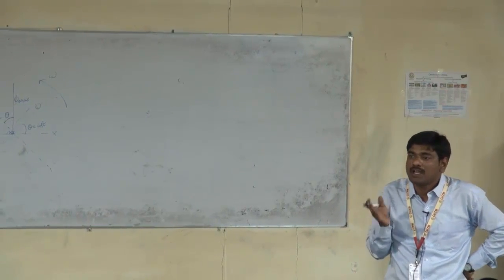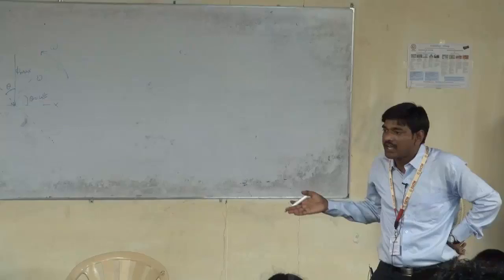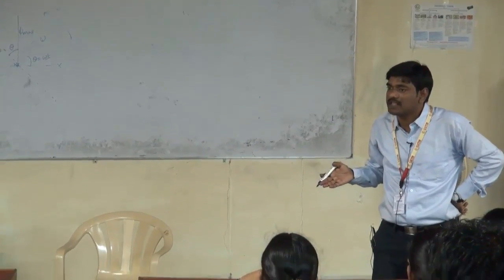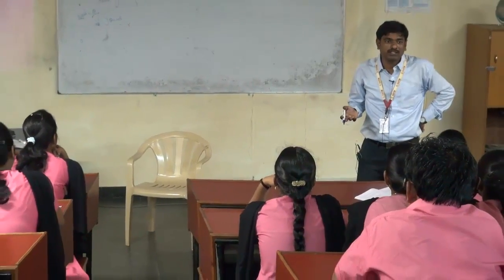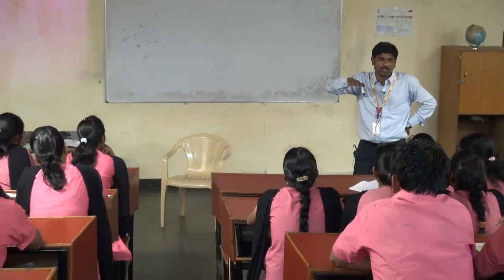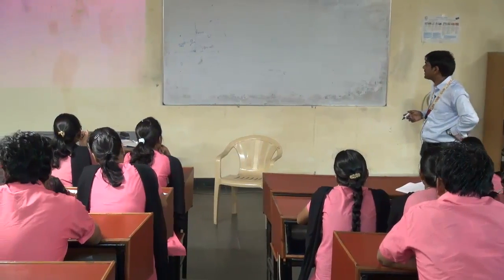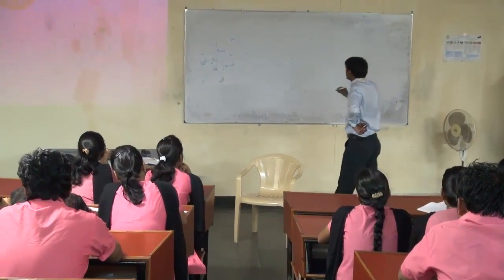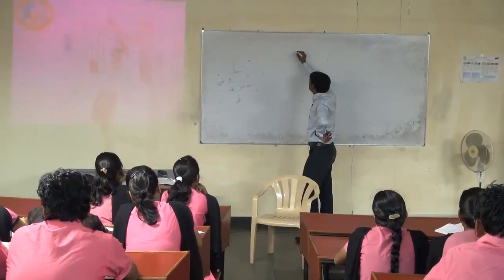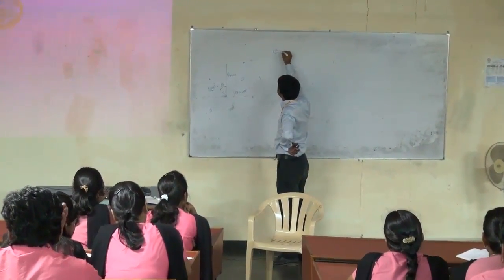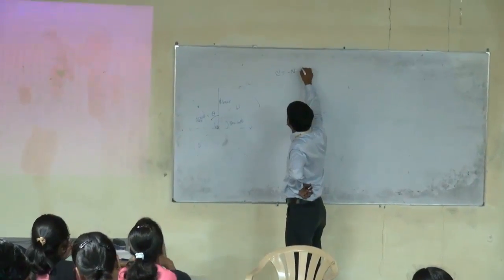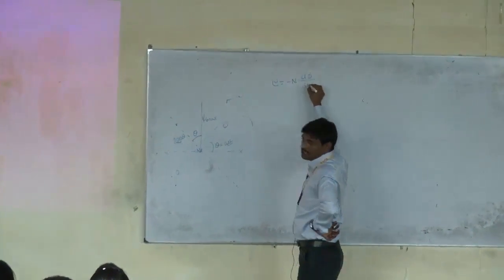Okay. If the coil is perpendicular to the magnetic flux, theta is equal to 90 degrees. Theta is equal to 90 degrees when it is parallel to the flux. Then we get the flux is maximum. According to Faraday's laws of electromagnetic induction, E is equal to minus n d phi by dt.